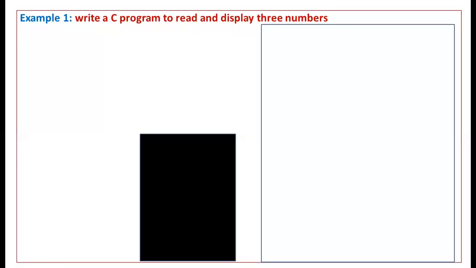Okay, now we will understand the two-dimensional array through a programming example. This is a program to read and display 6 numbers. We need to enter 6 elements into the two-dimensional array. Next, we need to display them. In a one-dimensional array, we used one for loop because we had one subscript.